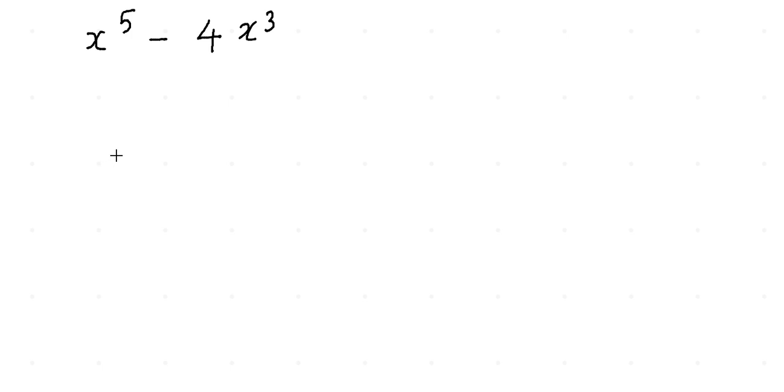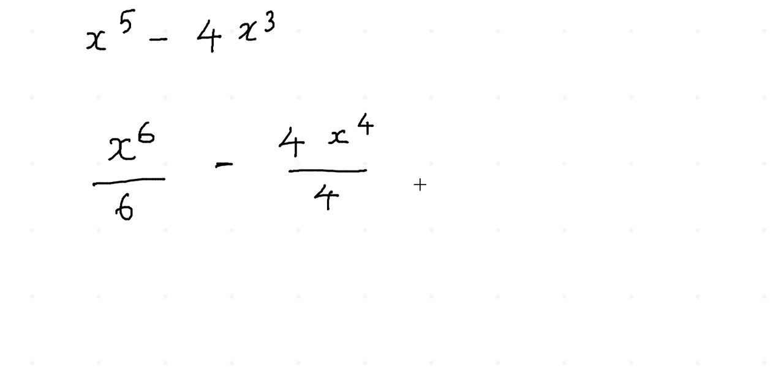The antiderivative of the first term is very simple. It's x to the power of 6, which is n plus 1, divided by n plus 1, which is 6. Minus, now we have to keep the 4 there, so it's going to be x to the power of 4 divided by 4, n plus 1 divided by n plus 1.